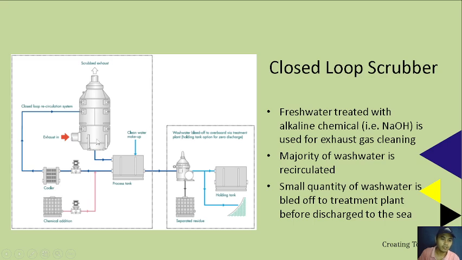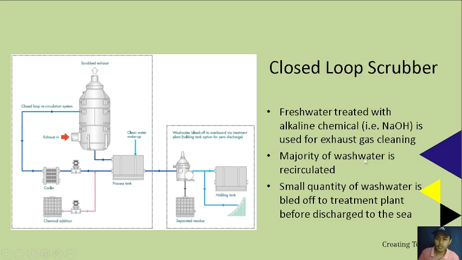So the exhaust goes through the shower, so it will be cleaned, scrubbed exhaust gas, and then that water will go back to a process tank, separating the dirty and the clean. So the clean water can be reused, while the dirty one will be removed and put into a separated residue, and the clean water can be discharged overboard, or you can put it in a holding tank.